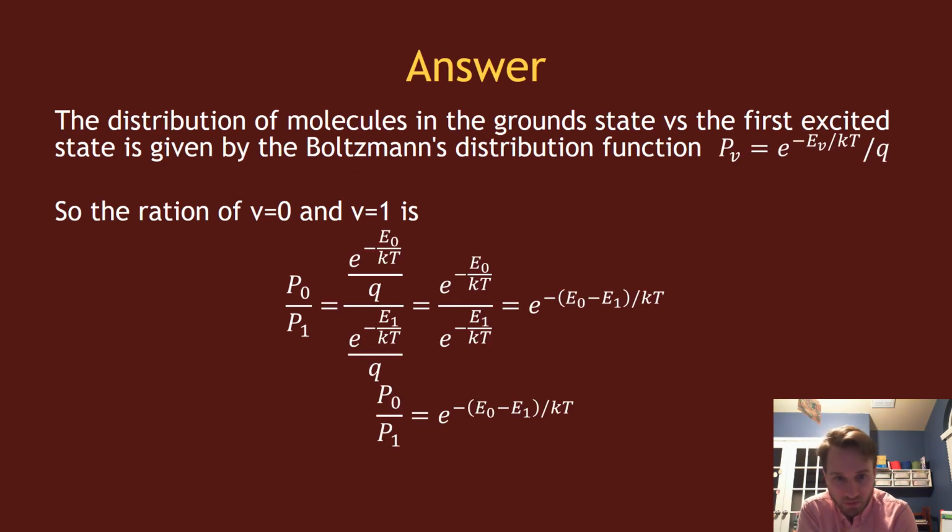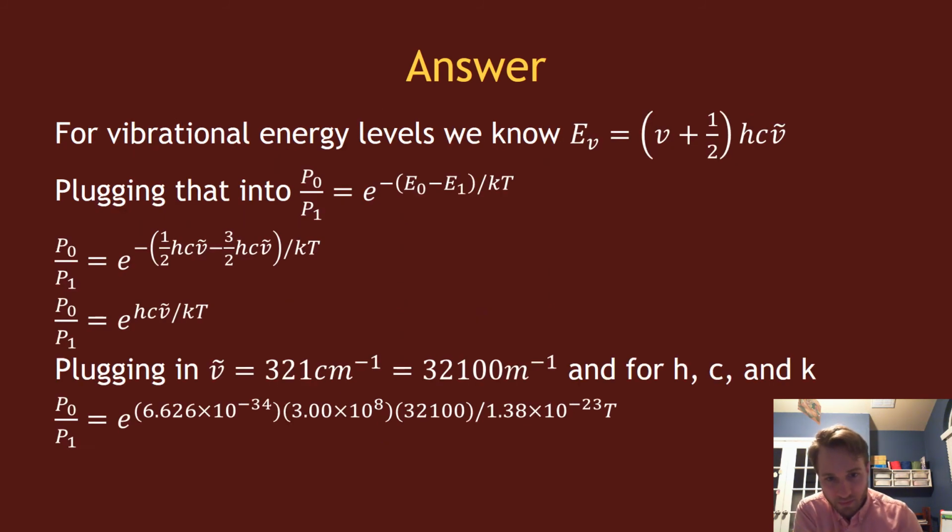To solve for this, we just need to look at P0 divided by P1, the relative ratio of the ground state versus the first excited state. You plug that in, and it simplifies down to e to the minus energy difference over kT. That energy difference is just given by hc times the wave number for your system.